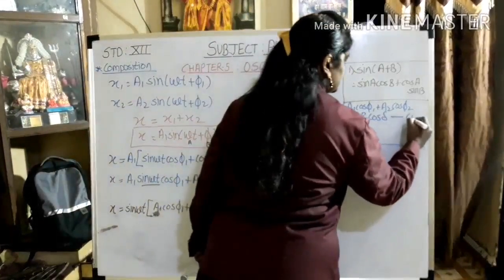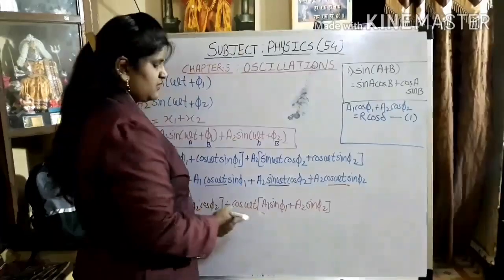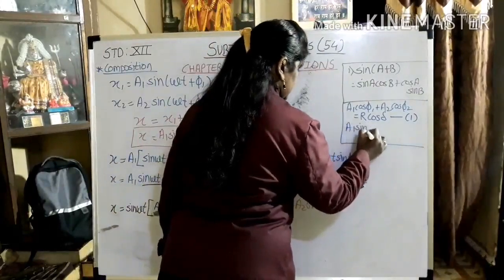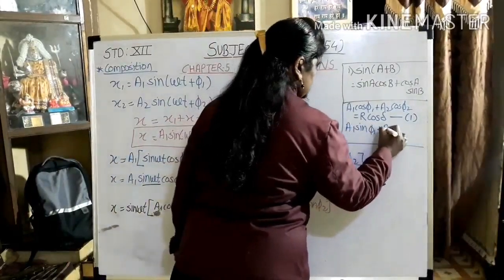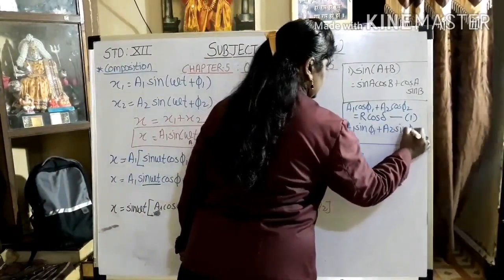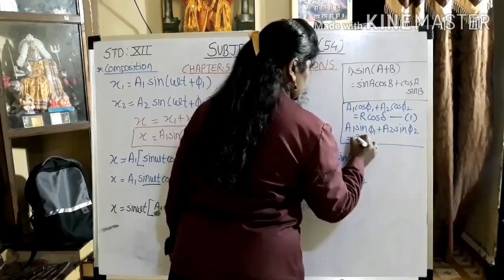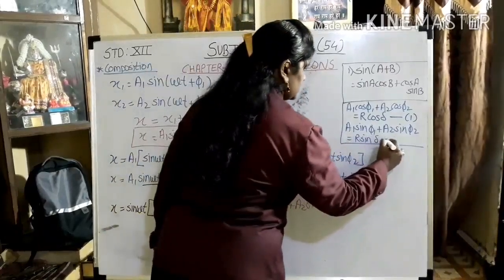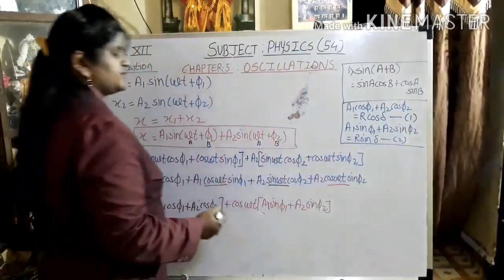I will say this as 1. And for the second bracket, which is a1 sin phi 1 plus a2 sin phi 2, this as r sin delta. This will be 2.